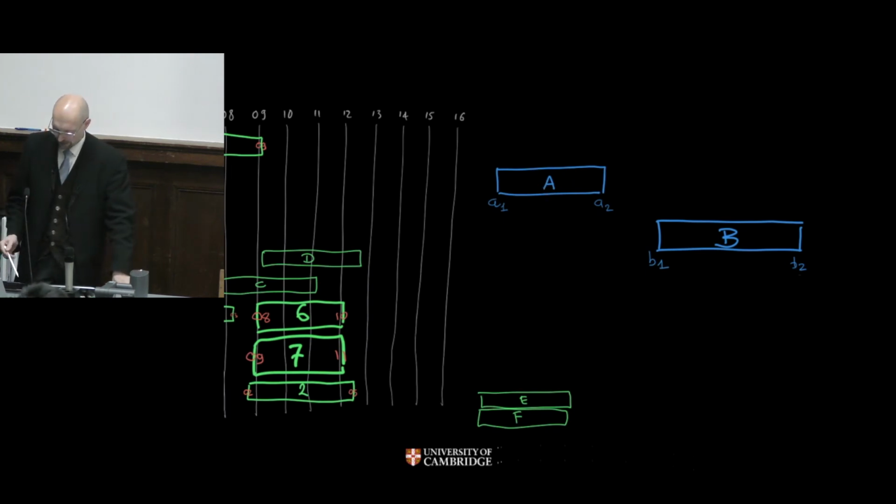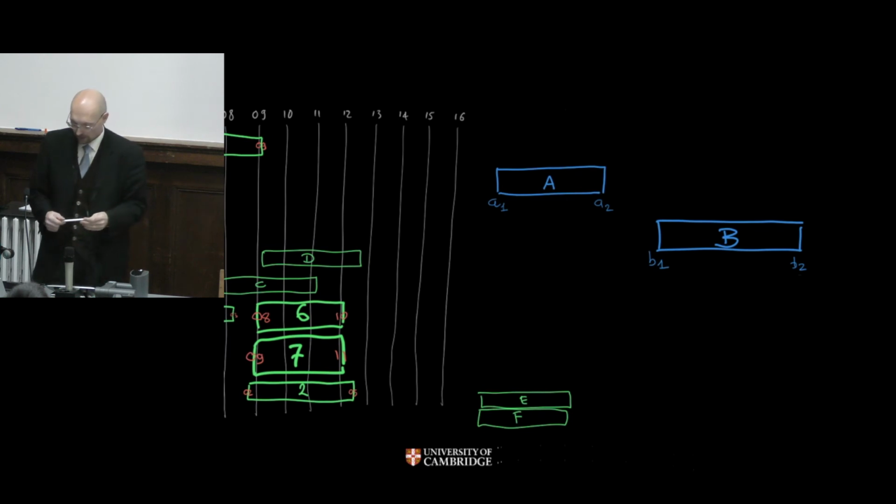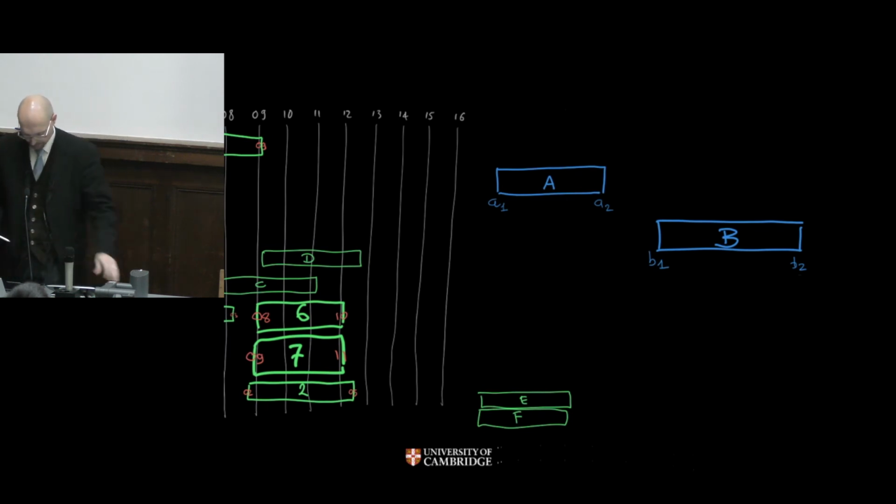And so this configuration is not possible under that hypothesis that B was the earliest finishing of the optimal solution, because it wouldn't be the optimal solution anymore, because I can build one with one more activity. So that is a formal proof that A is always part of some optimal solution.